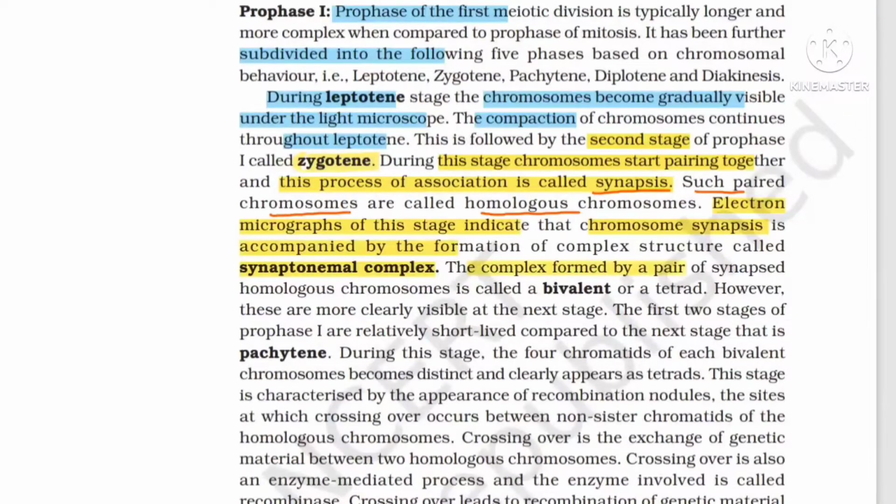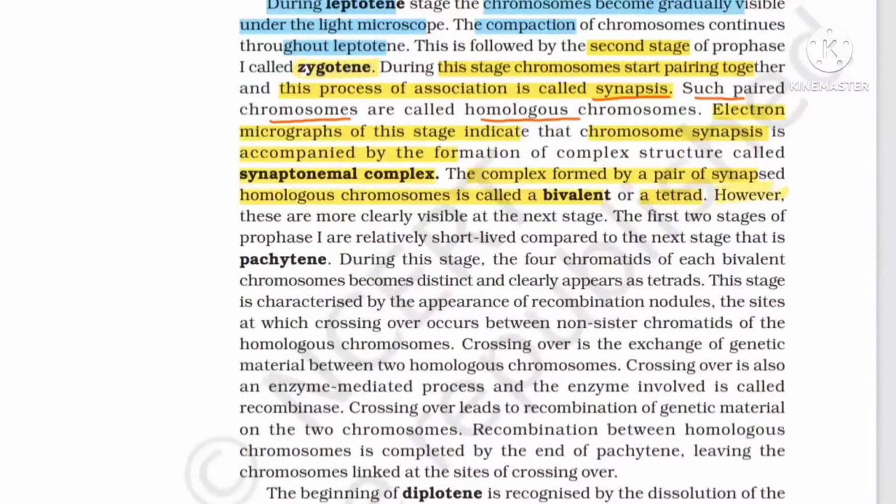The complex formed by a pair of synapsed homologous chromosomes is known as bivalent also, or you can say tetrad. However, these are more clearly visible at the next stage. That is why in the zygotene stage we focus on the synaptonemal complex, synapsis, and bivalent, because tetrad is more visible in the next stage.